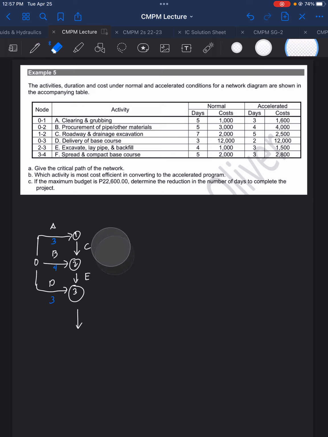Sorry, it should be C7. D is 3. E is 4. And then we have F5.